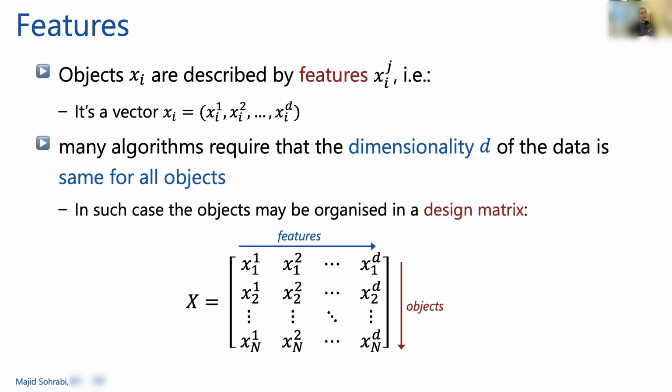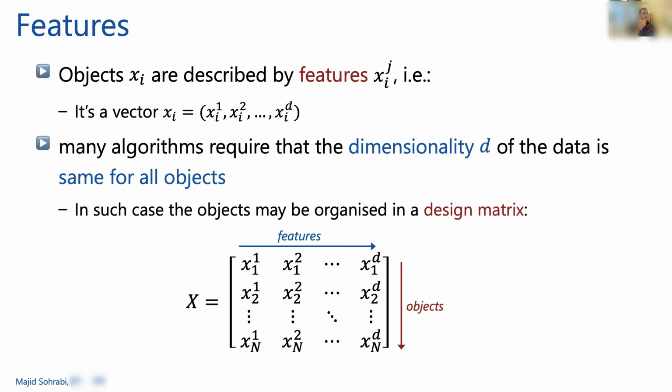By considering several objects and several features, we can define a design matrix, which we need throughout this course, denoted by capital X. It's a 2D matrix. The rows correspond to different objects as we move along the vertical axis from top to bottom, and along the horizontal axis, from left to right, we have different features.